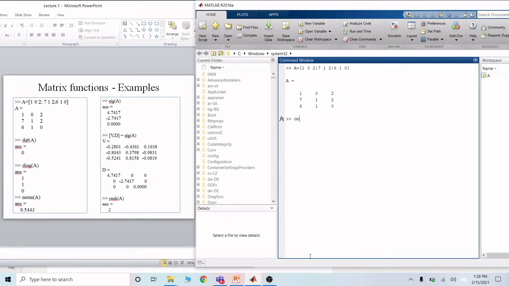I want to find the determinant because it's a square matrix, so I can compute the determinant, DET A. The determinant is this. Determinant is non-zero. Okay.